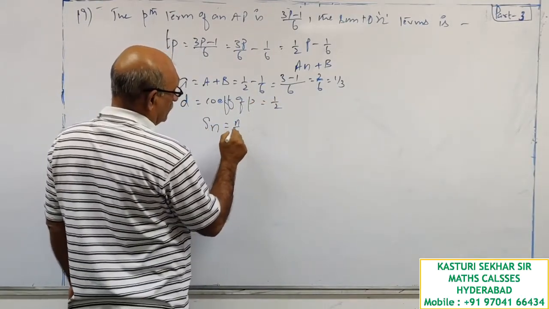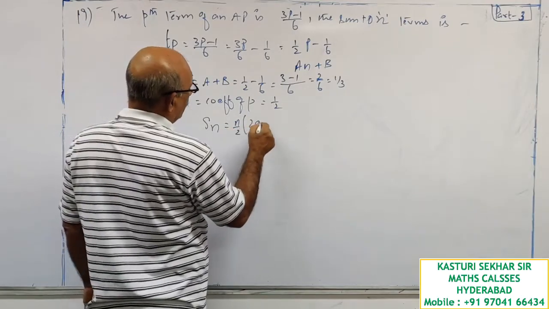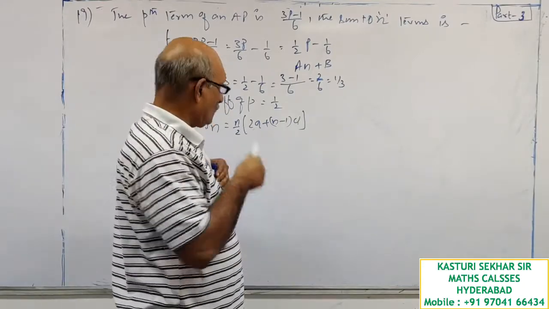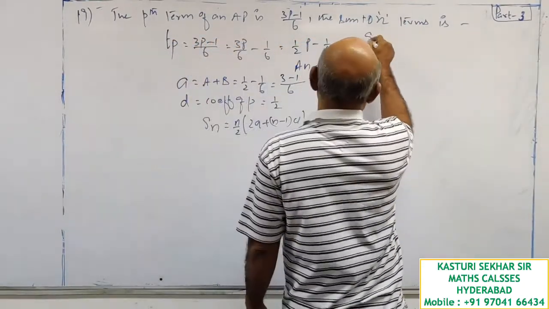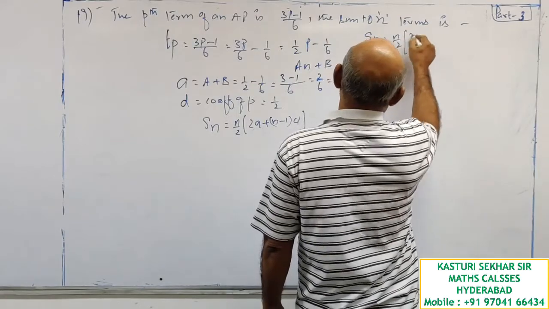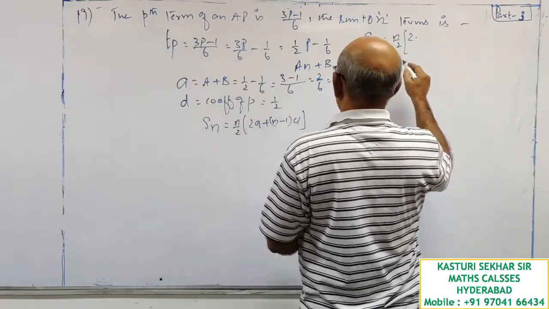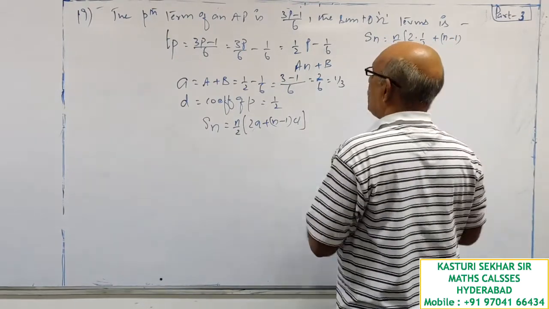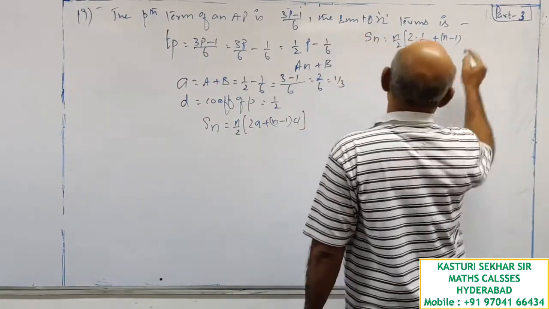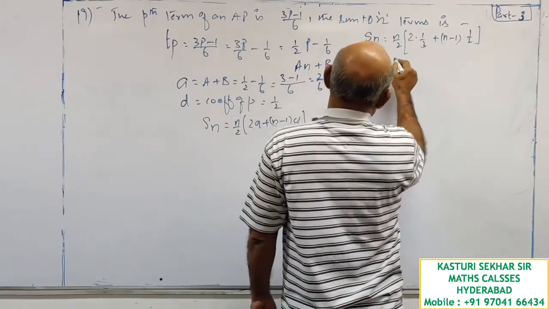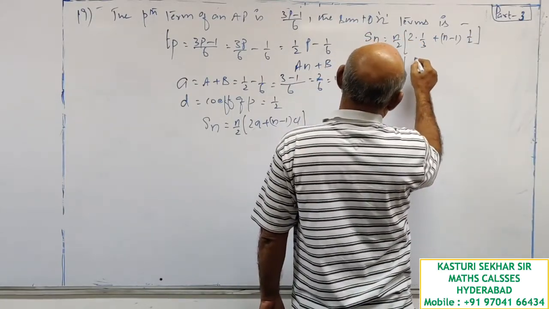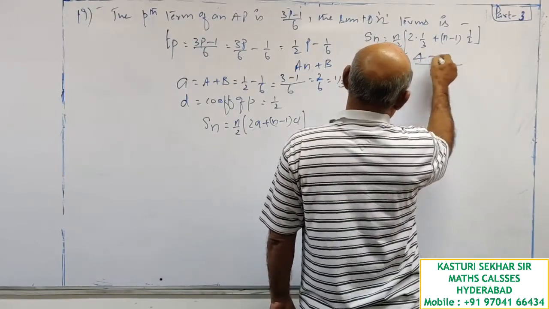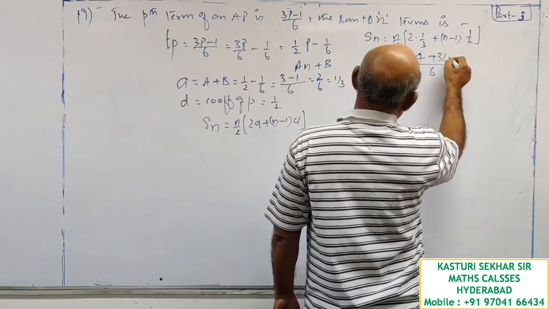Sn is equal to n by 2 into (2a plus (n minus 1) into d). This is Sn is equal to n by 2 into 2a, 2 times a value is equal to 1 by 3, plus (n minus 1) into common difference 1 by 2. So n by 2 into, when I take 6 as LCM, 3 will go 2 times, 2 2s are 4, 2 will go 3 times, 3 into (n minus 1).